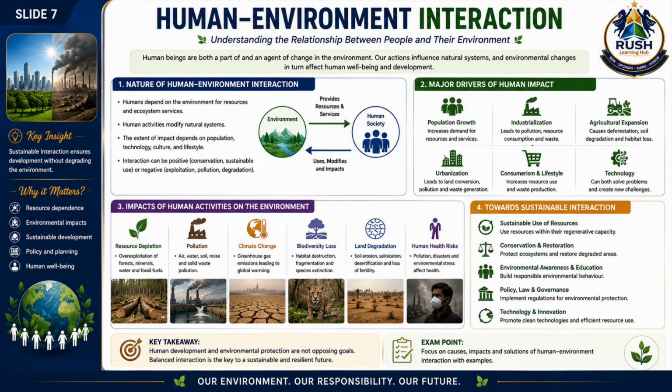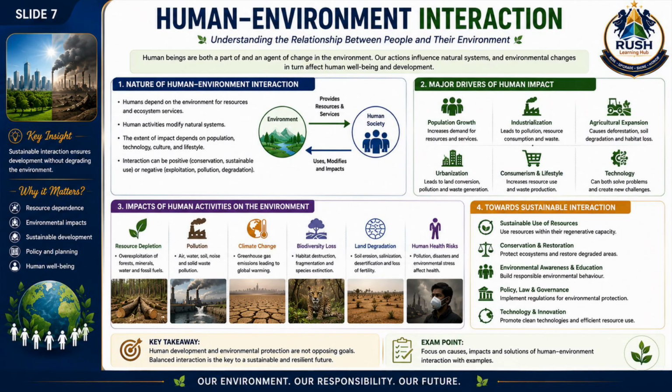Environmental education and awareness encourage responsible environmental behavior and informed decision-making. Environmental laws, policies, and governance mechanisms play a crucial role in regulating resource use and controlling environmental degradation. Technological innovation supports cleaner production methods, renewable energy development, efficient resource utilization, and environmental monitoring.